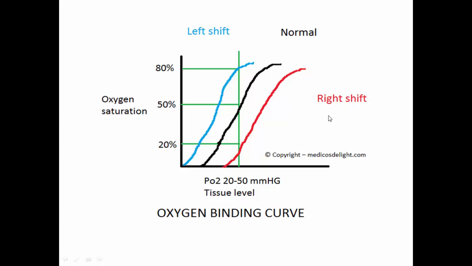That is why it is being released more in the tissues. When the curve moves to the left side, this blue part here, it means that less oxygen is available for the tissues, or in other words, a large amount of oxygen is avidly bound to the hemoglobin due to its increased affinity or a certain number of other causes.